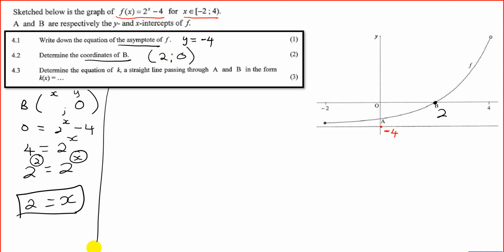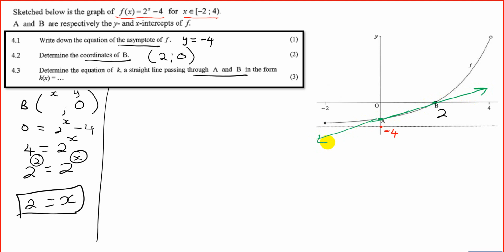The next question, 4.3, says, determine the equation of k, a straight line passing through a and b. Now, if we actually look at the graph, we have a straight line that is passing through a and b.